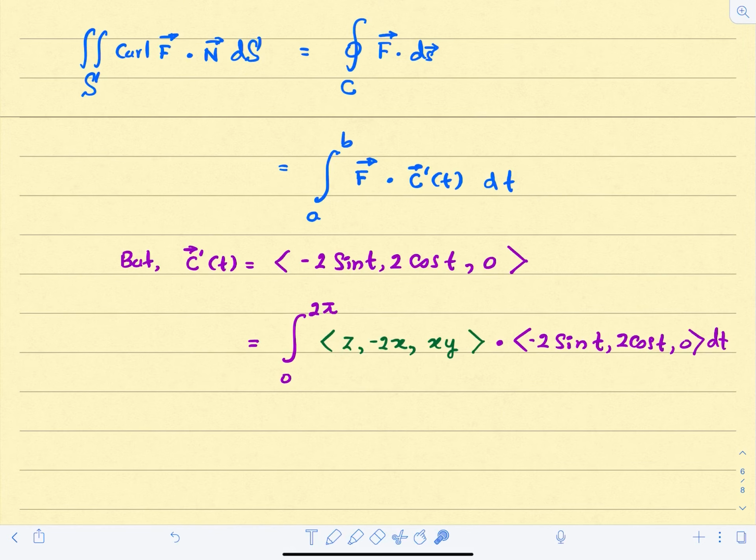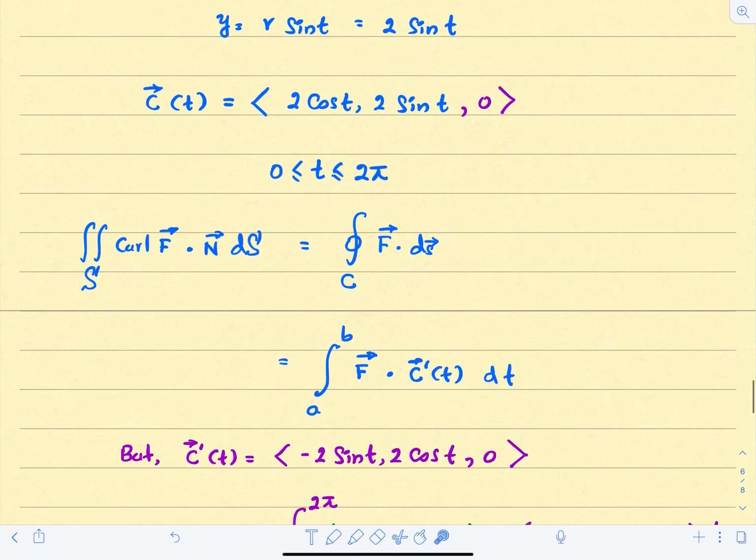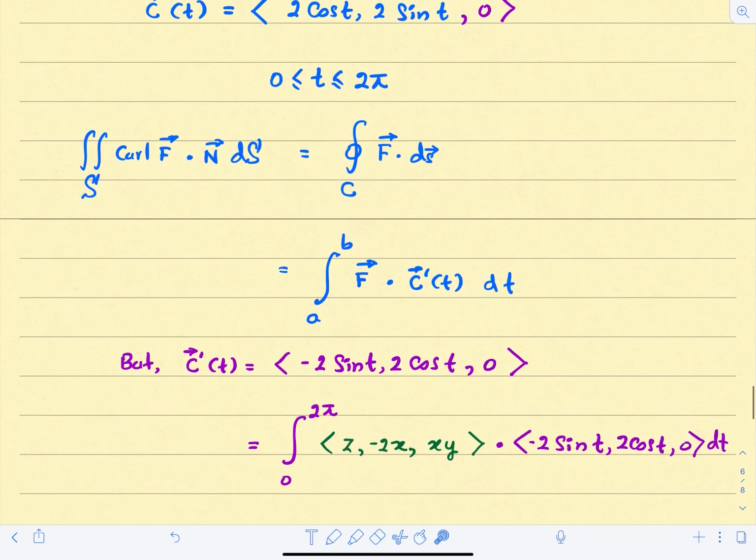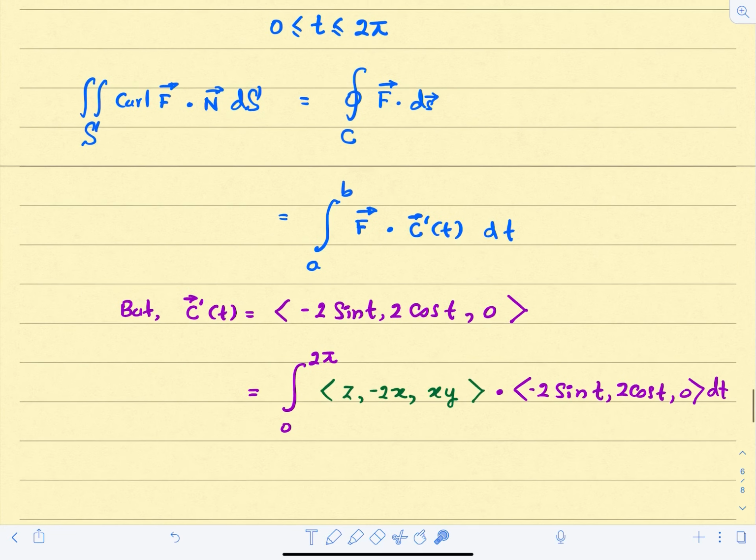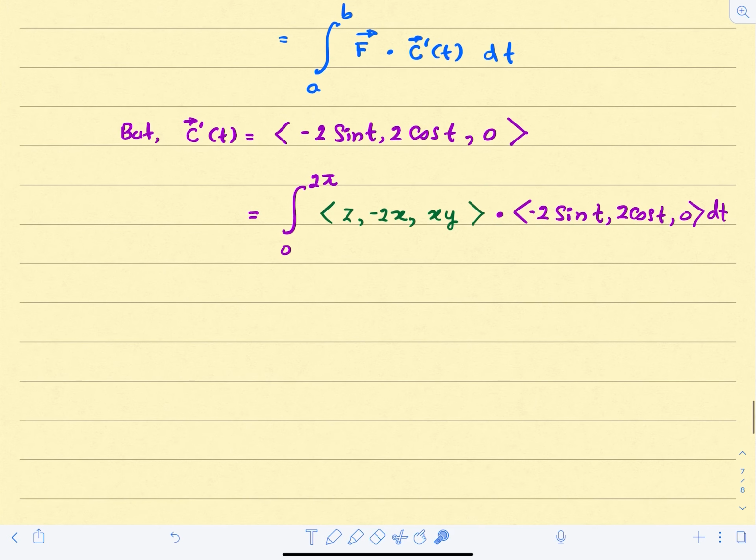Now on this curve C, your z coordinate equals 0.